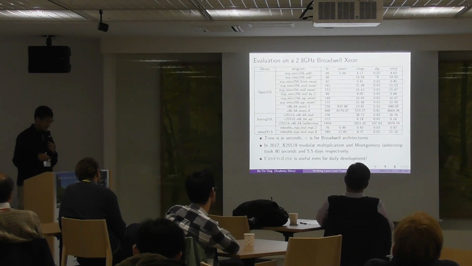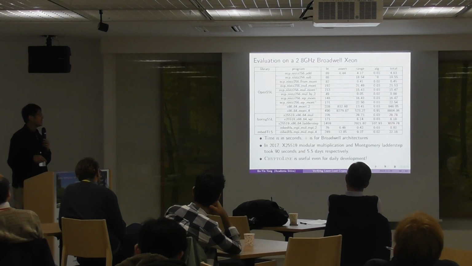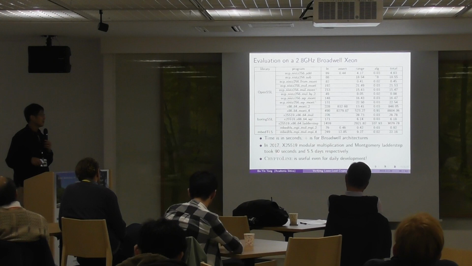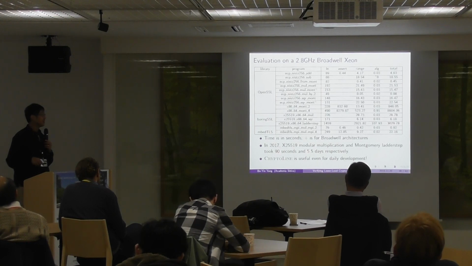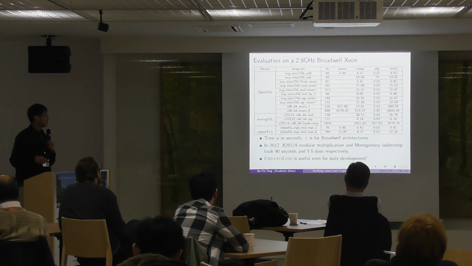Broadwell has ADOX and ADCX instructions, which make the arithmetic easier. So the 25519 modular multiplication, the Montgomery ladder step, took a minute and a half and 5.5 days. And nowadays it took half a minute and less than an hour.